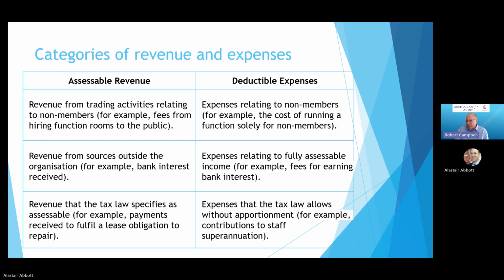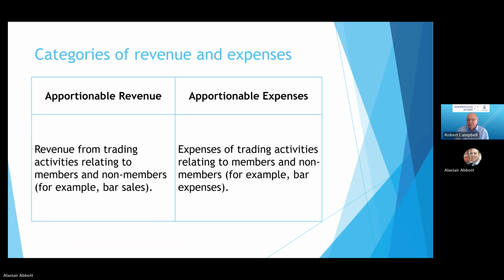Deductible expenses, expenses relating to non-members. For example, the cost of running a function solely for non-members. Expenses related to fully assessable income, e.g. fees for earning bank interest. Expenses that the tax law allows without apportionment, e.g. contributions to staff superannuation. Next slide.